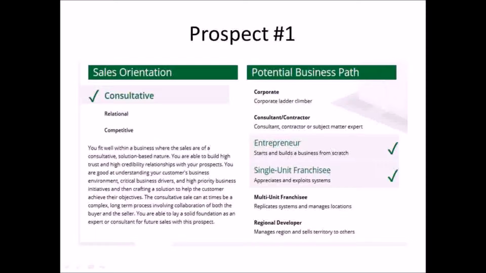So we're looking for a business where she can use her consultative sales skills, and a business that still has a certain level of entrepreneurship left. Probably an early stage franchise business, probably a stage 2 company. If you go back to our stages of growth course, you'll know what that means. But it still has to have a certain level of being entrepreneurial and obviously a single unit operator.